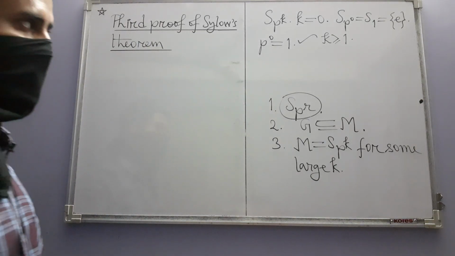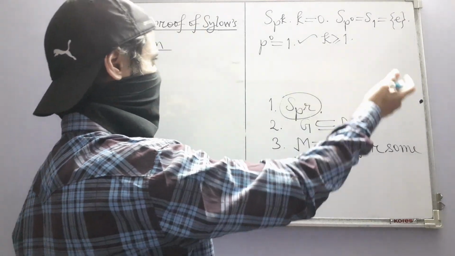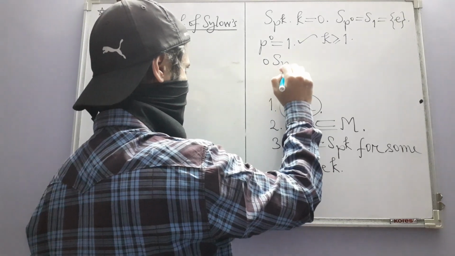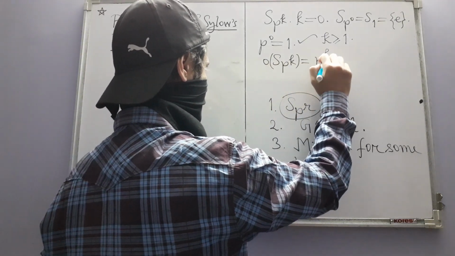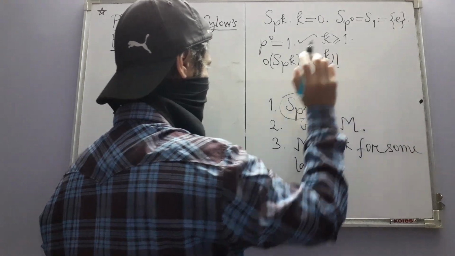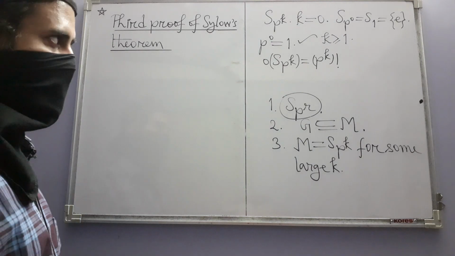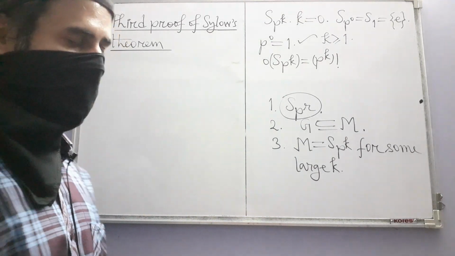Now the next question that faces us is exactly what power of p divides the order of S_{p^k}, which we know is (p^k)!. And the lemma with which we are now going to start answers that.